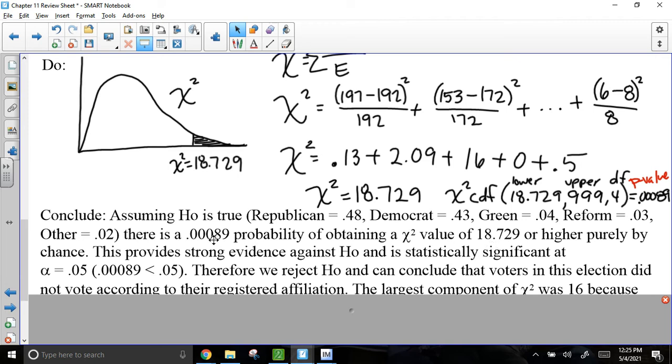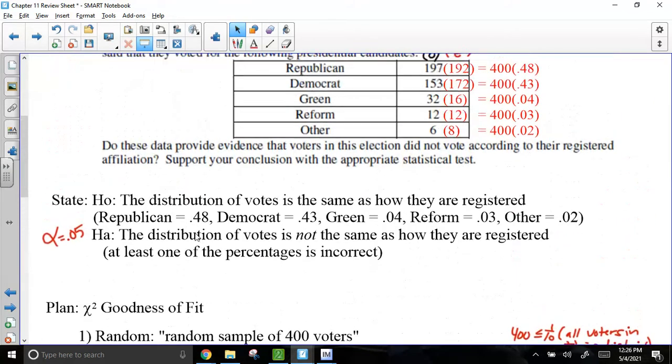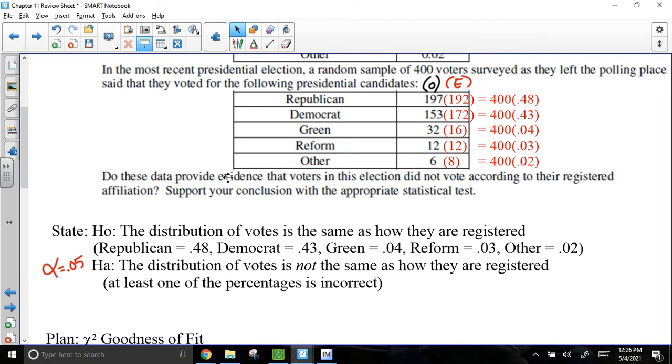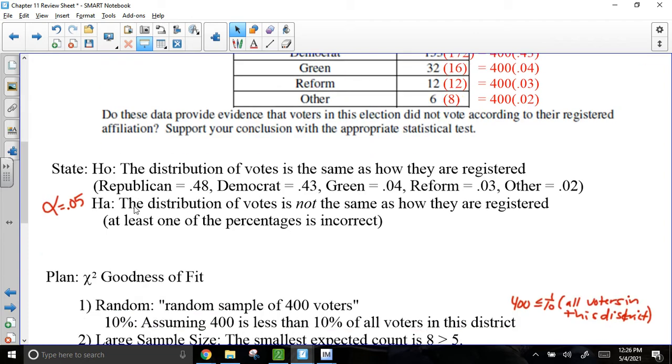Because that p-value is so small, this provides strong evidence against the null hypothesis, and it is statistically significant at the alpha level of 5%. That's because the p-value is so much smaller than the alpha level. Therefore, we reject the null hypothesis and can conclude that voters in this election did not vote according to their registered affiliation. I got that sentence directly from right here: do these data provide evidence that voters in this election did not vote according to their registered affiliation?